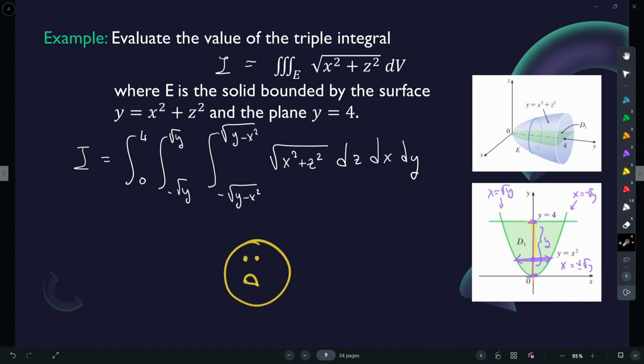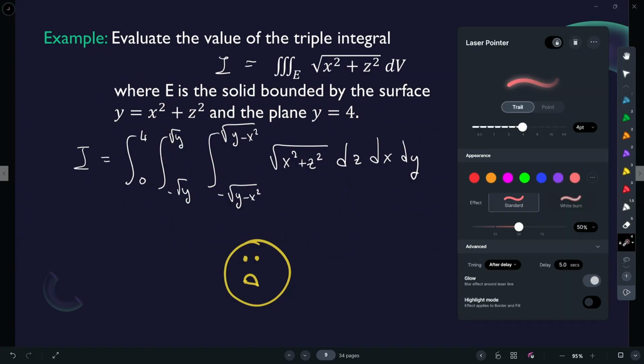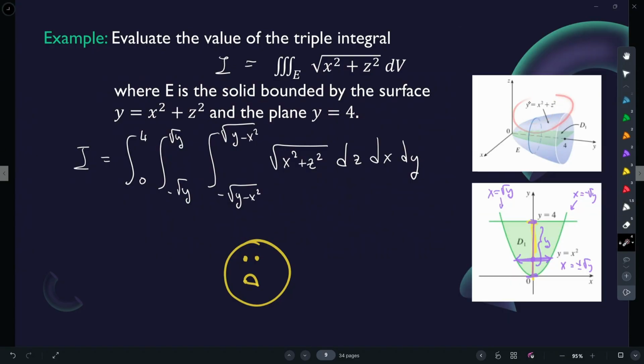Well, why doesn't it look the same for z then? Why doesn't it look the same for z? Like the z bound? The z bounds depend on this other function. So the z for any given x and y, the z is given by this other function. This is saying that z squared is y minus x squared.